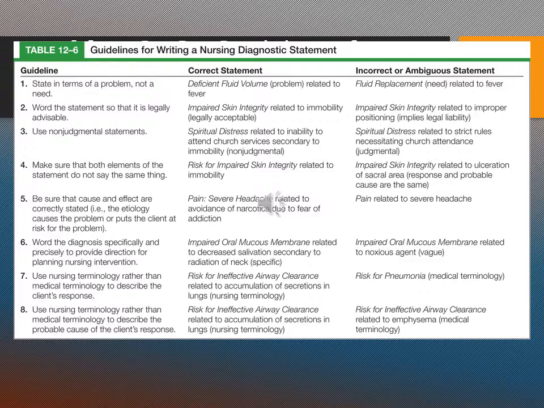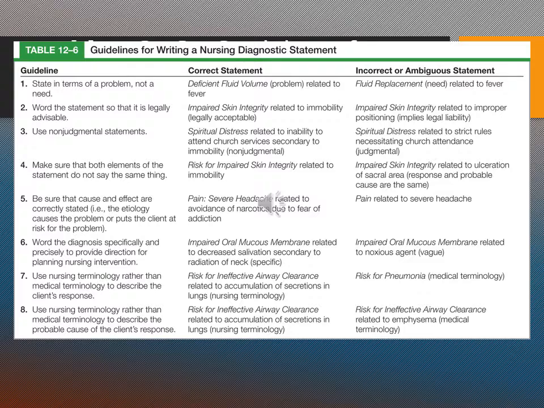We use nursing terminology rather than medical terminologies to describe the client's response. Risk for ineffective airway clearance related to accumulations of secretions in the lungs. But if we said risk for pneumonia, that's medical terminology. That's not something that we treat. The only way we're going to use a medical diagnosis is if we put it in the etiology as a secondary to.